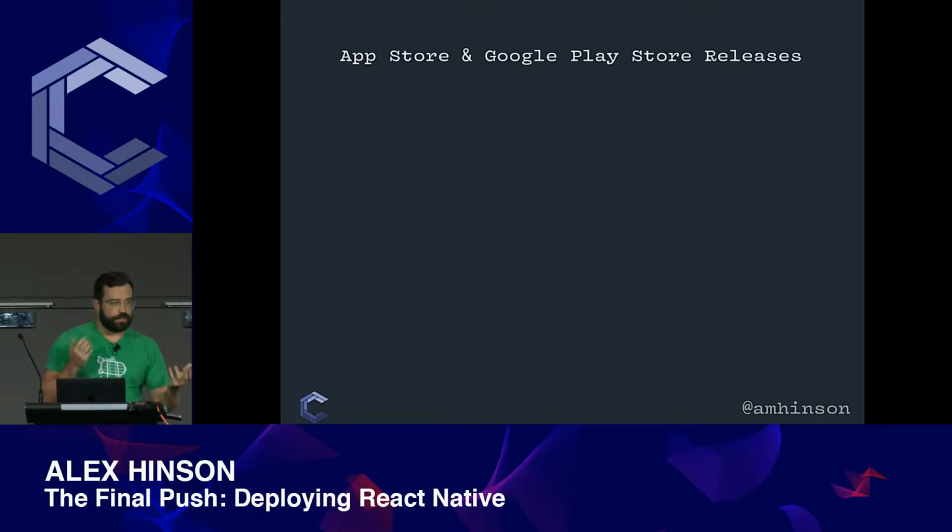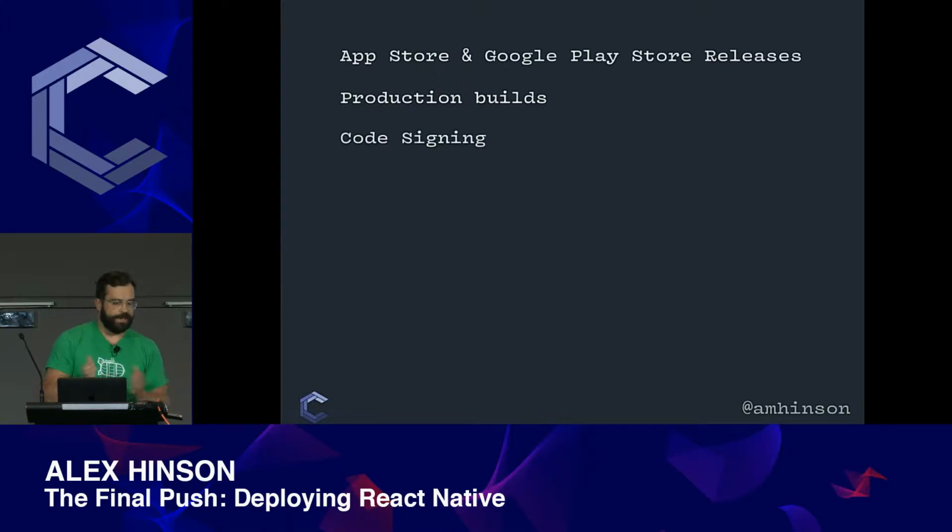For each store, for iOS and Android, there is essentially one workflow to actually release within the App Store and the Google Play Store. Then creating production builds. We need to be building for production rather than development. There's a lot of great tooling built into React Native on the development side, but that doesn't need to make it into the final production build of the application.